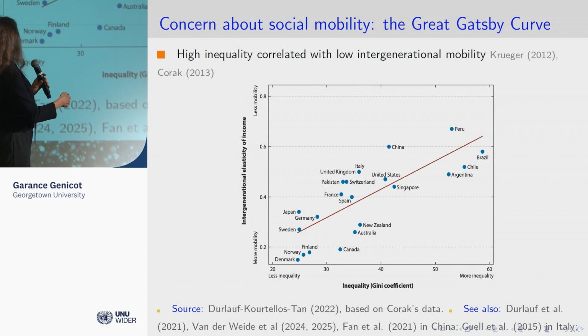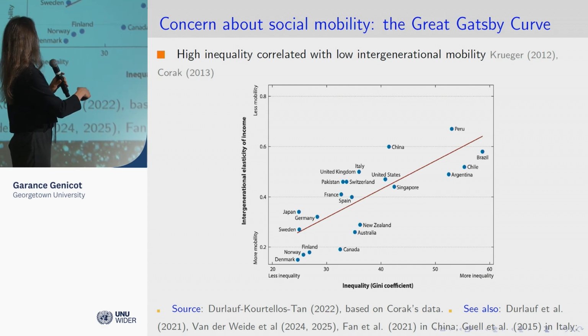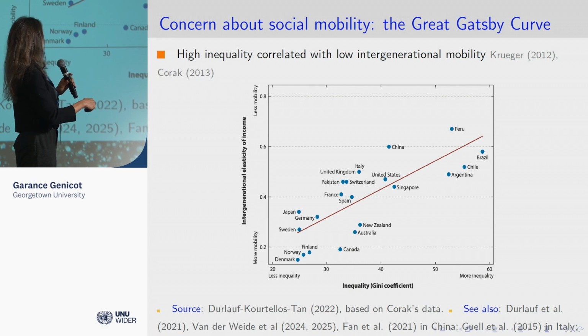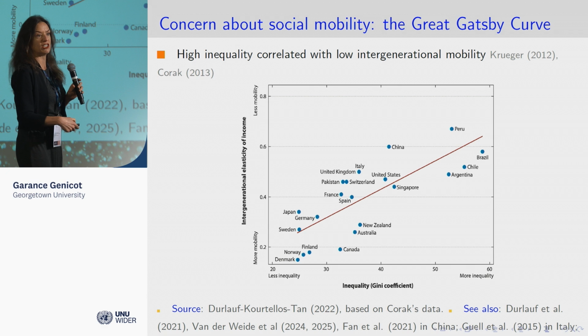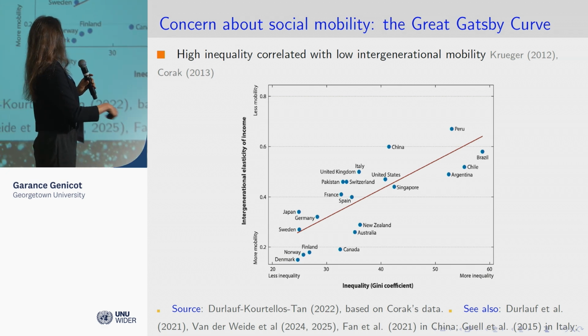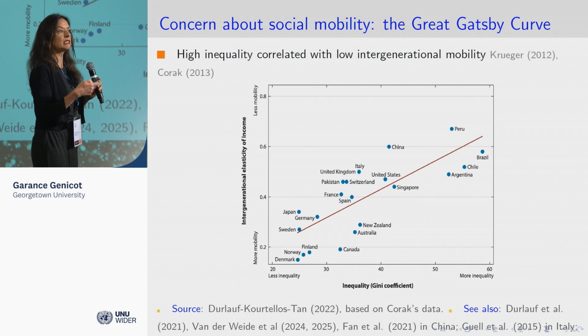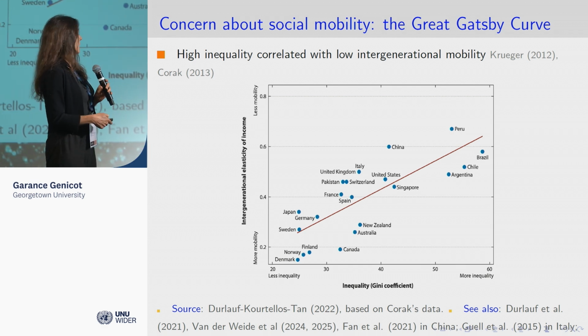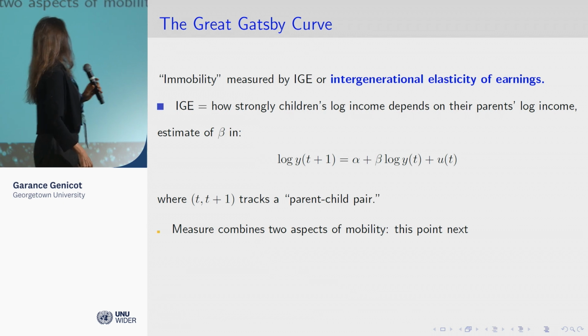The higher the intergenerational elasticity of income is, the less mobility there would be according to this measure, and there's a positive relationship, and we saw it again in many different studies, that positive relationship between the IGE and the inequality.